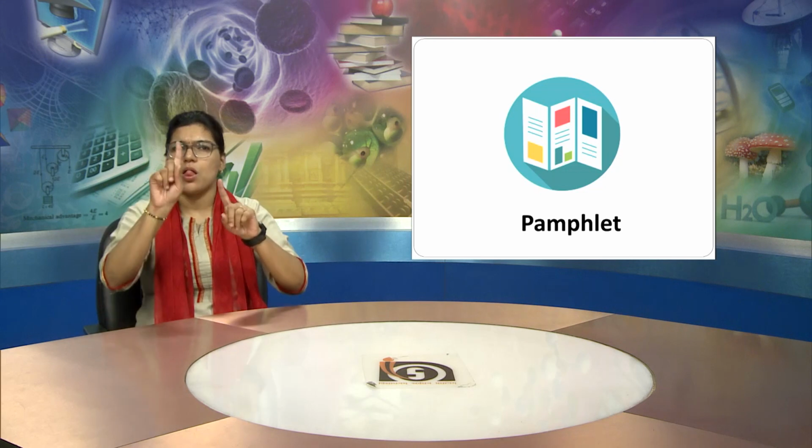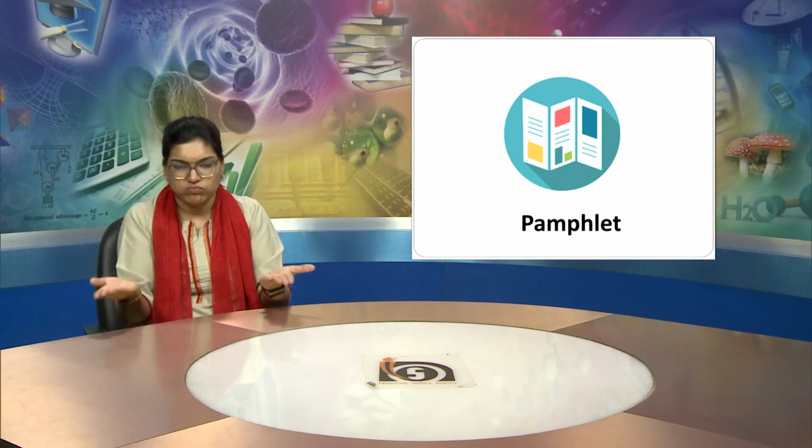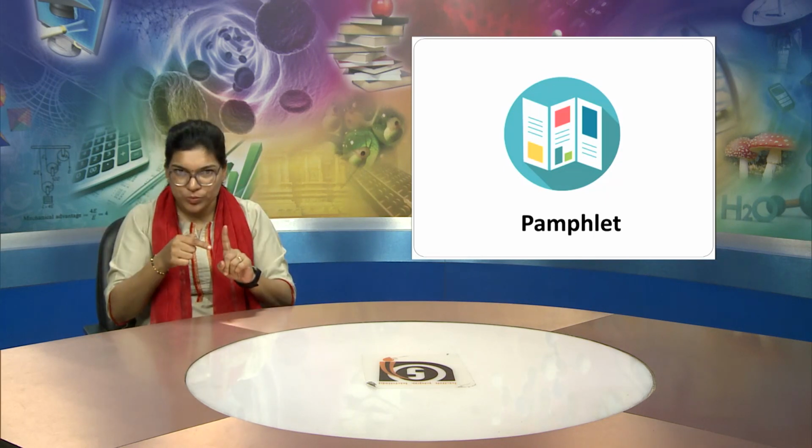This word is pamphlet. You all must have seen different kinds of pamphlets or leaflets at some point of time in your life. Generally, it is an A4 sheet folded in three or four layers, and the information is provided in bullet form.